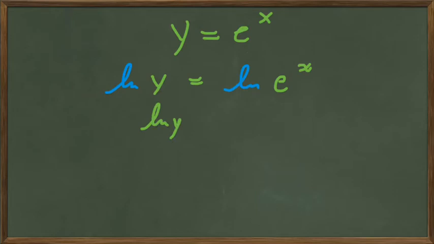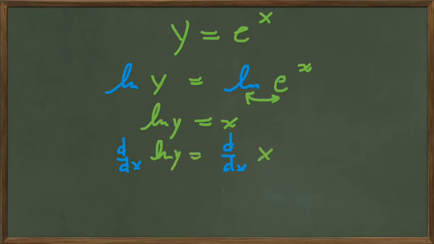On our right side, we're using again the fact that ln and e are inverses of each other, so we get just x out. Now we're going to differentiate both sides. So we're going to take the derivative with respect to x of both sides. Easy on the right side, derivative of x is just 1.